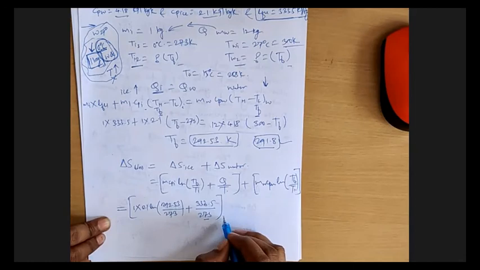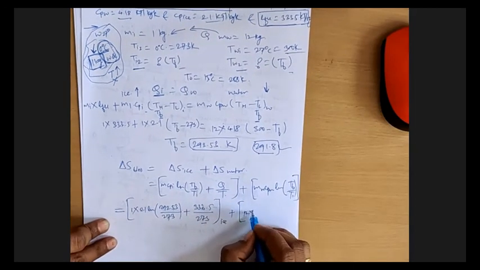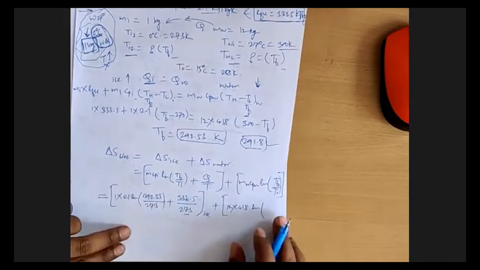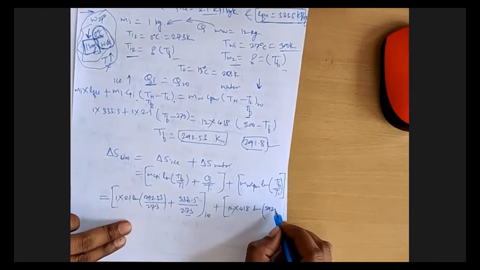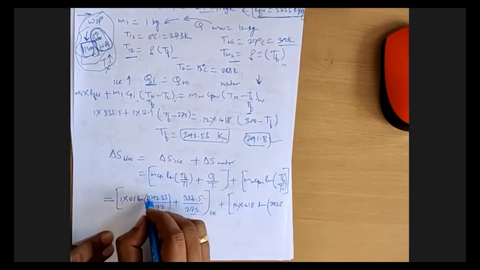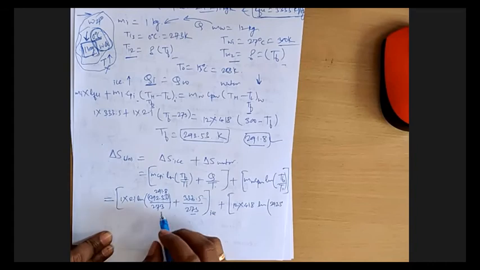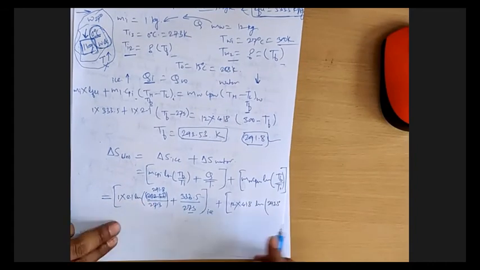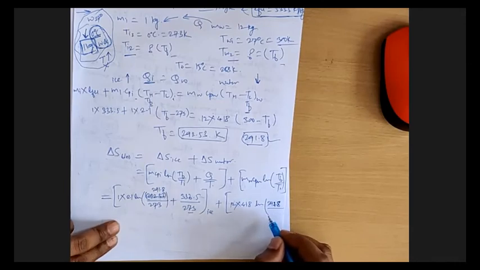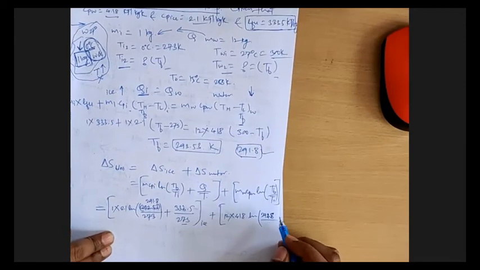This is for ice, plus for water, mass is 12, specific heat is 4.18, ln of T final by T initial, 292, sorry, we took 292 instead of that one, take 291.8, don't take 292, so 291.8 divided by what is initial temperature of water, 27, that is 300.